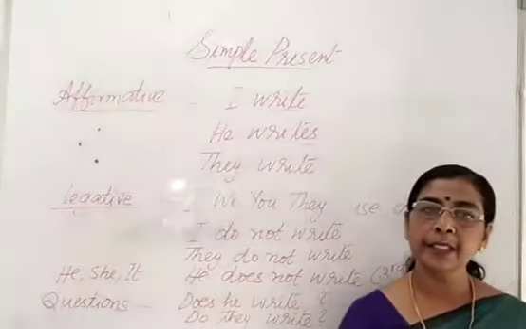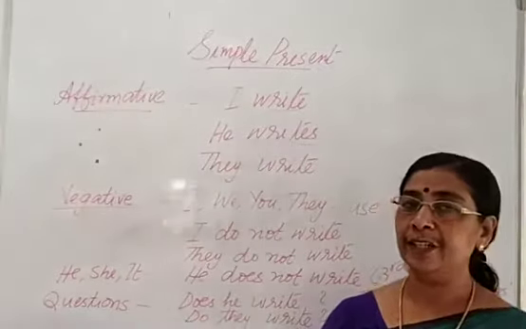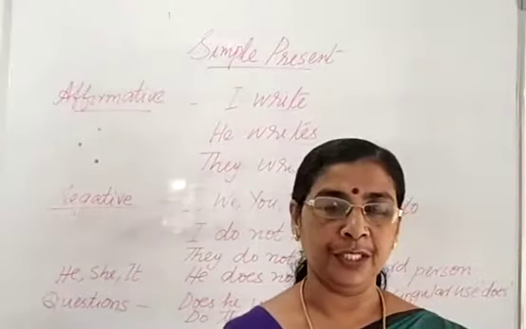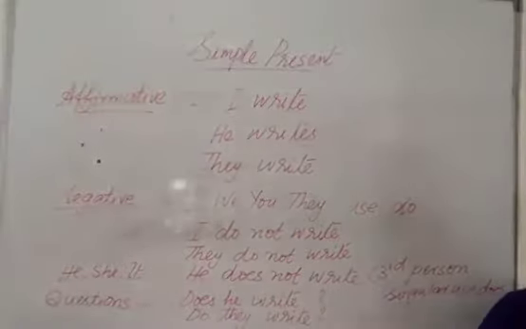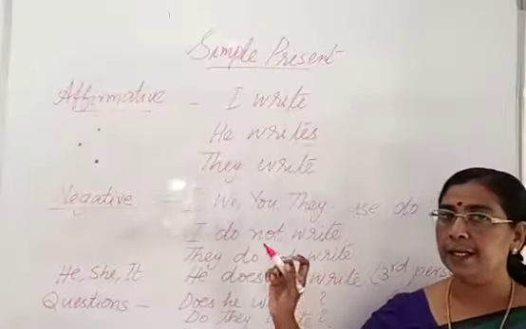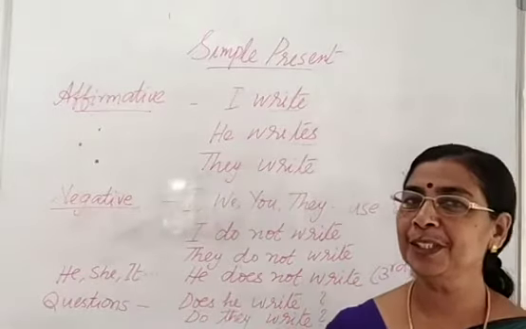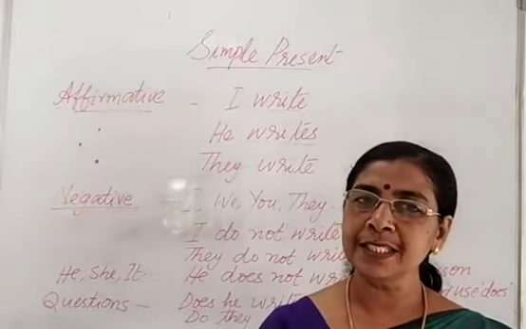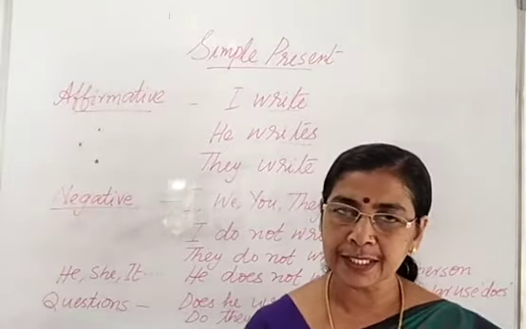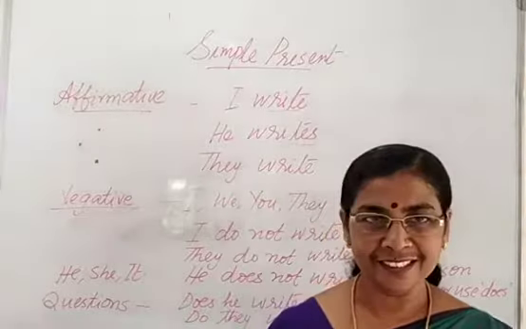Okay, so to make this into negative, can we directly add not here? No, we cannot. Understood? So how did we do it? I'll just tell you once more. First person is I and we, second person is only you, all the rest are third person.